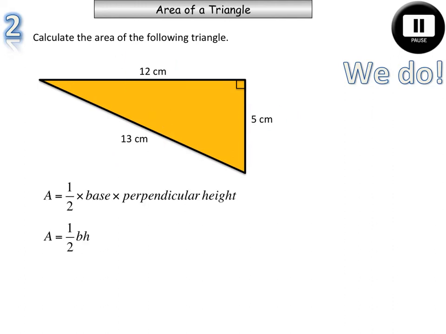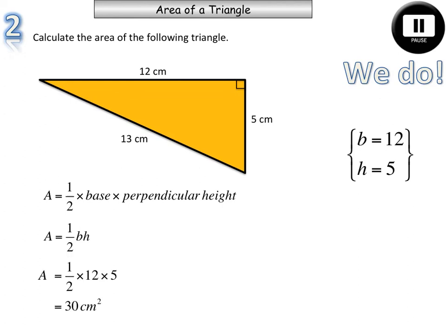So the area is a half times base times height. The base is 12, the height is 5. Substitute our values in, a half times 12 times 5, and we end up getting 30 square centimeters. Okay, how'd you go? There's a few ways we can actually answer this particular arithmetic if you don't have a calculator.